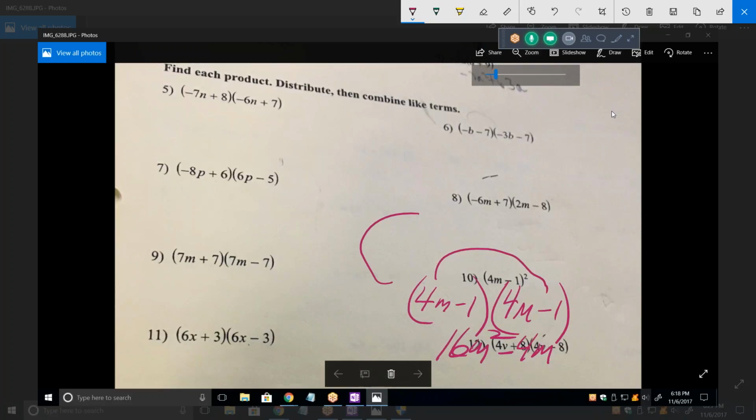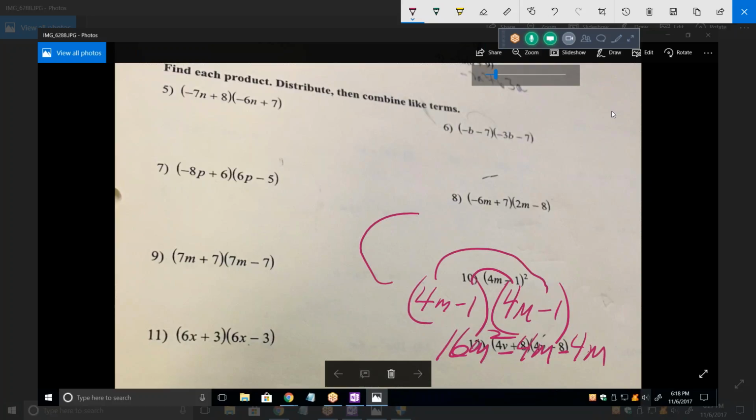Okay, so it's going to be a negative m for the next one. Not negative m, I'm doing those two. So it's negative 4m. Negative 4m. I'm sorry, I didn't hear the 4. And what's the last term? Sign first.